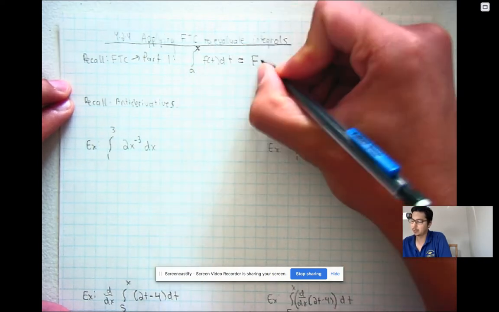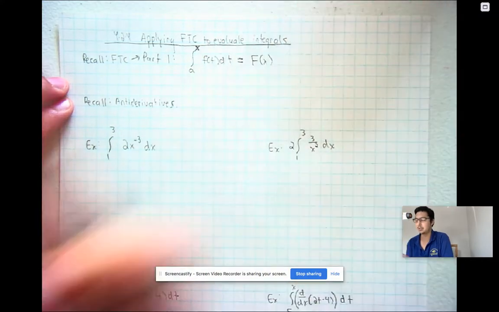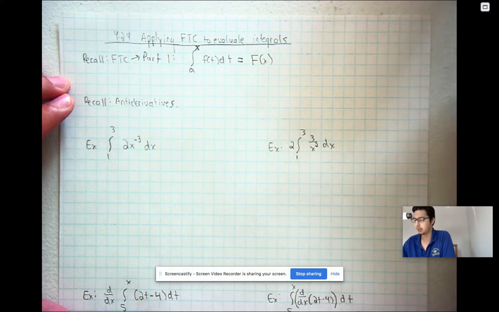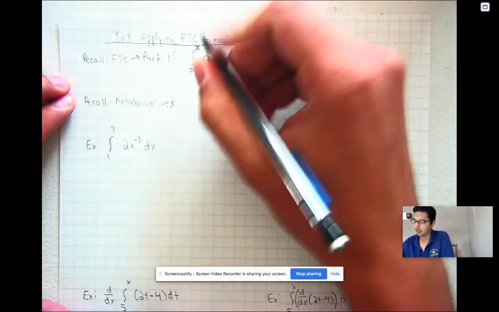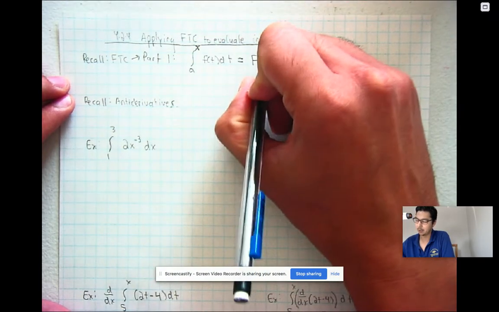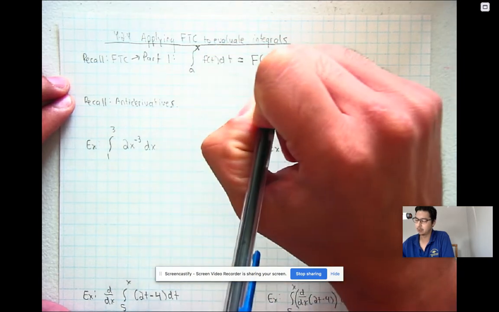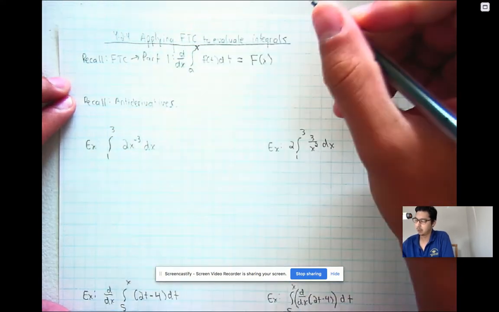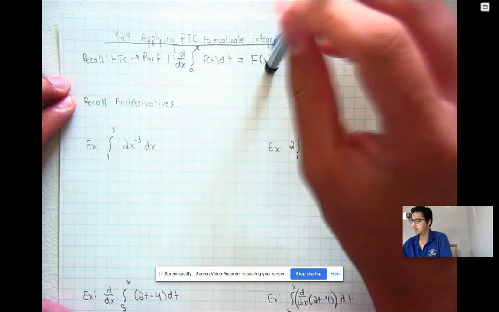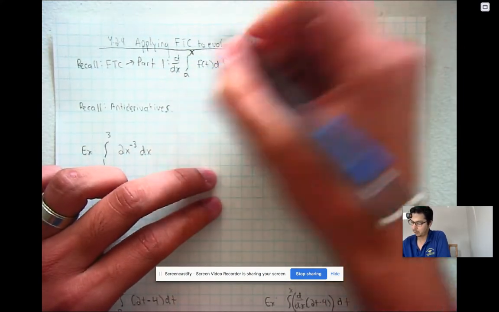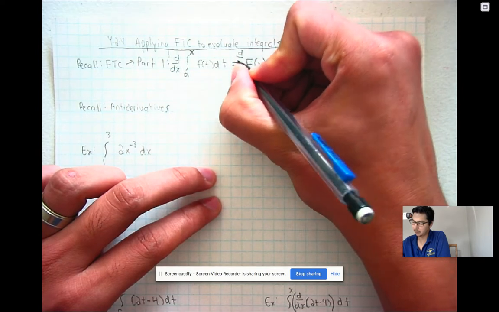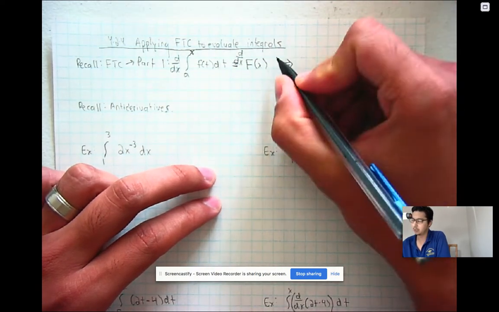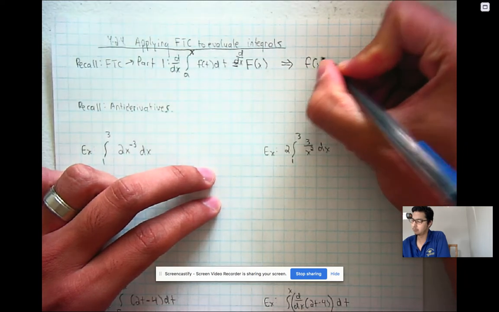And it's going to be in terms of x, because since we don't know x, depending on what x is, we have to adjust our answer. But what part one says is that there exists an antiderivative that will give us the area under the curve. If we take the derivative of this function, which is equivalent to taking the derivative of the antiderivative of f of x, that will give you back the function f of x.